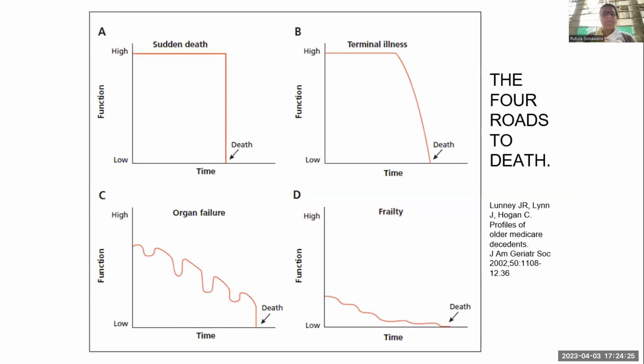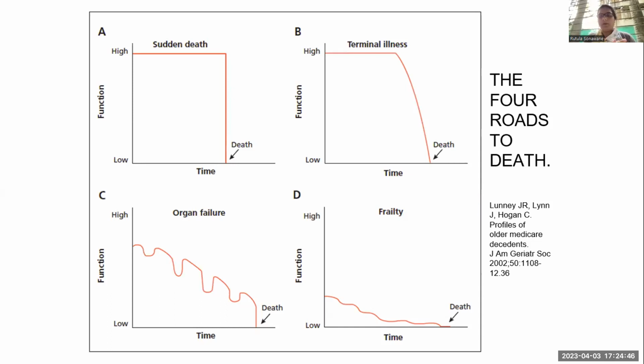Next slide, please. So I'm sure you must have seen this slide hundreds of times. These are basically what they call the 4 roads to death. What happens in graph A is what we all hope for, a sudden death where you do not realize what is happening and it's just, poof, gone.